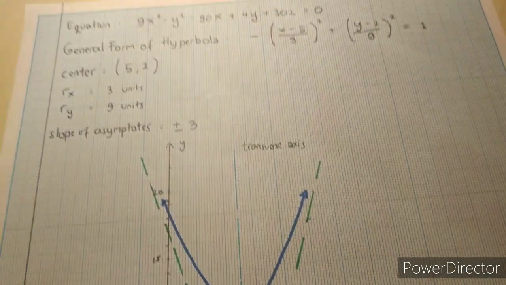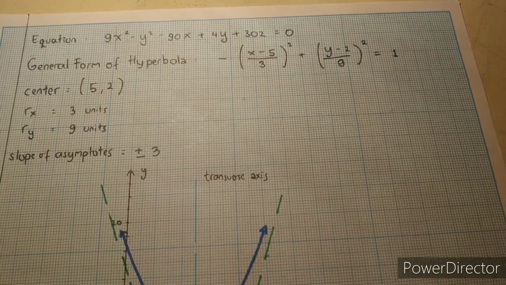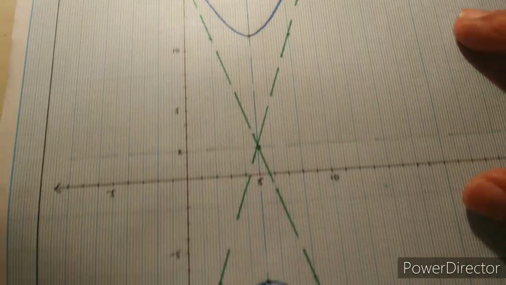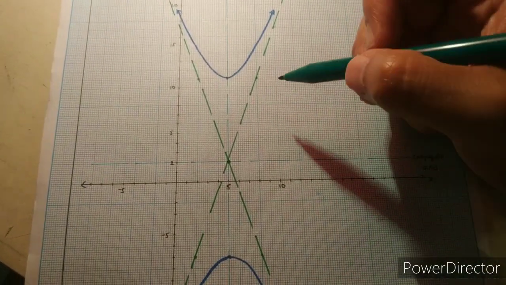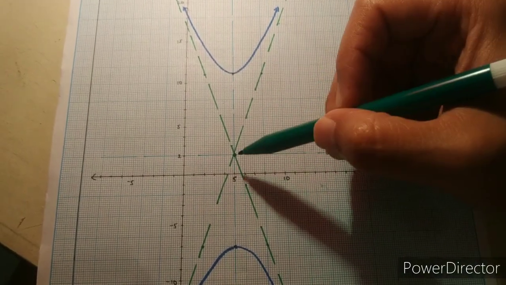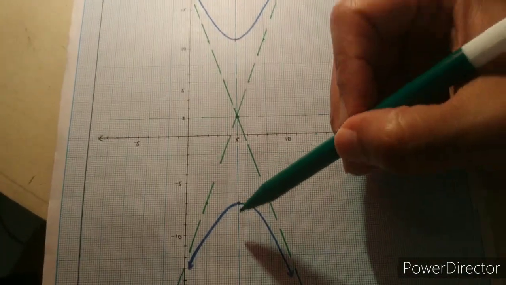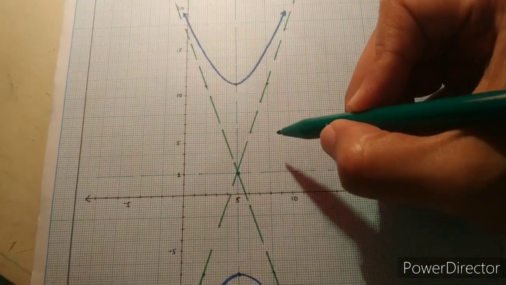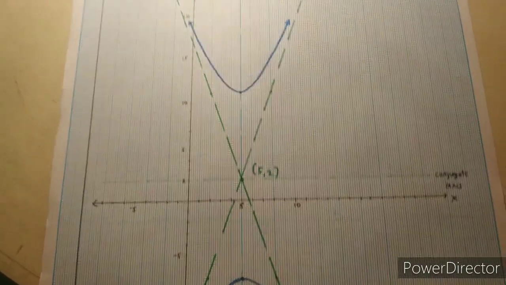And if we go to the second one, I know that the Rx is 3 and the Ry is 9, and this is your graph. So the focal radius goes up and down from the center. The foci will be around here and around here. The center itself is (5, 2).